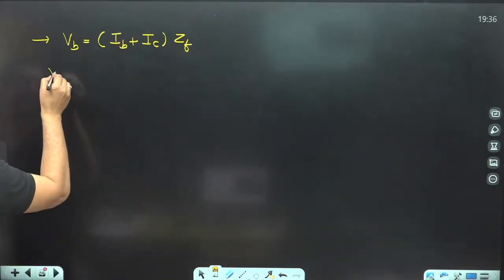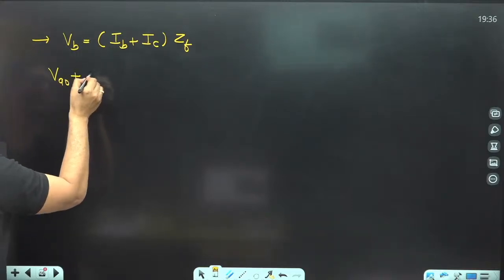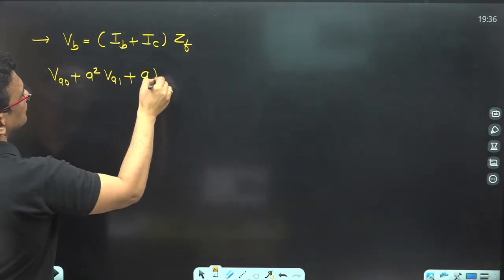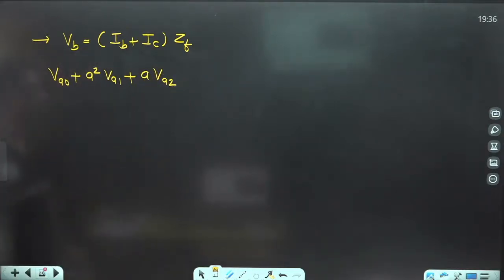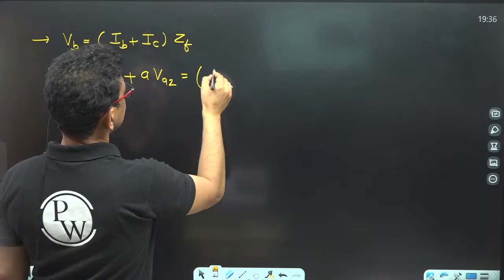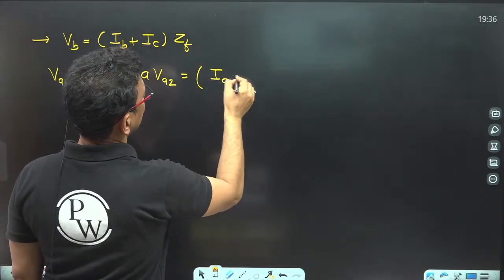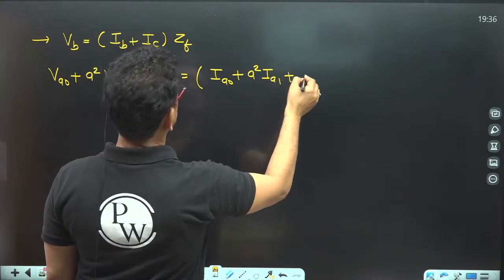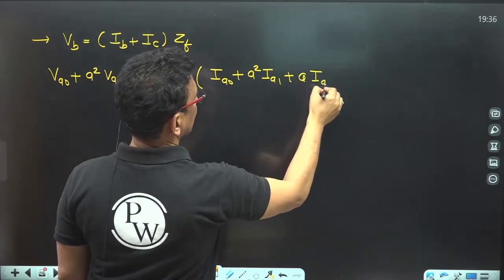VB is VA0 plus A square VA1 plus A into VA2. IB is IA0 plus A square IA1 plus A into IA2.